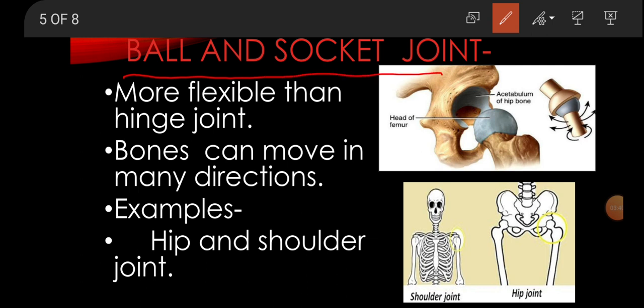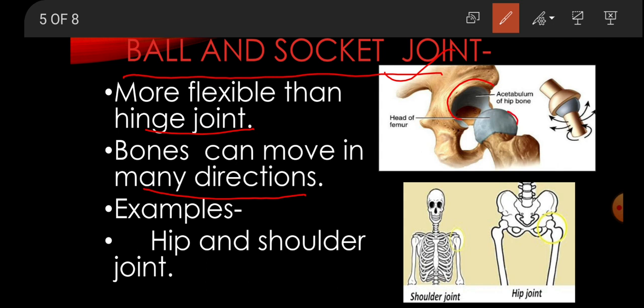Ball and socket joint. Ball and socket joints are more flexible than the hinge joint, and the bones connected to the ball and socket joints can move in many directions. Look at this picture here. One of the bones in this joint has a structure similar to a hollow cup or a socket.